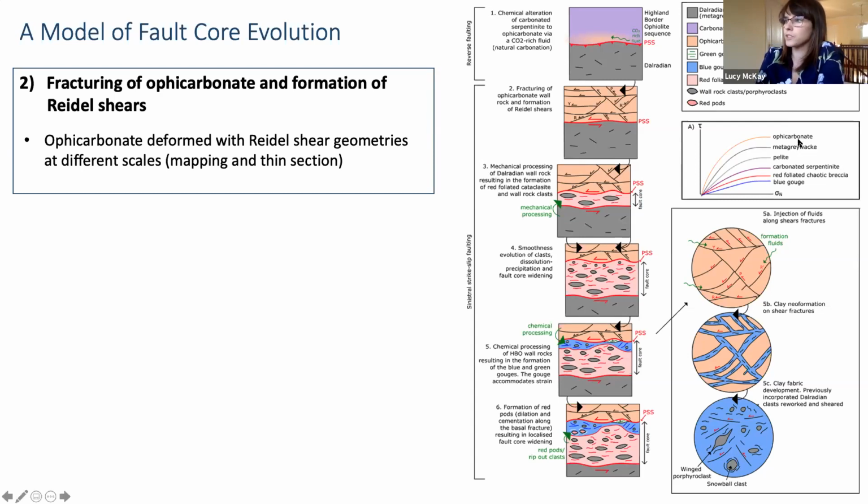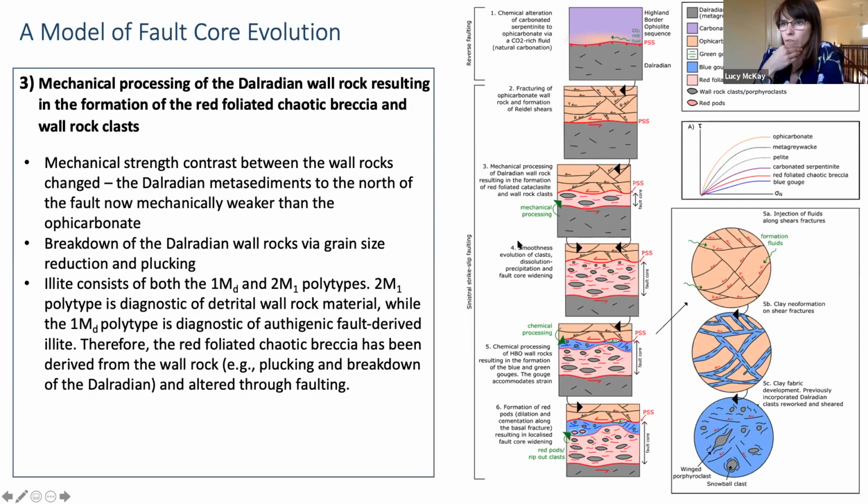Therefore, all these Riedel shears and strike-slip motion must have happened after the reverse motion at some point in time. So first of all, you're starting to deform that ophicarbonate unit with Riedel shears. Then you're starting to break down the Dalradian wall rock, and you're starting to form these clasts.